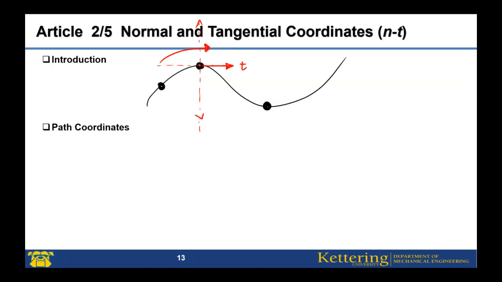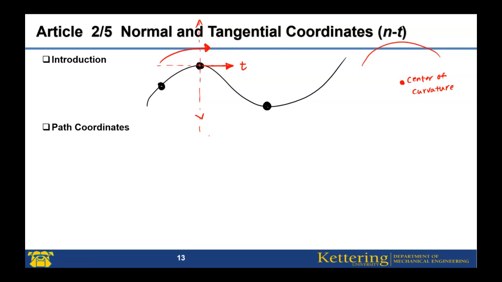The positive direction of the normal axis: if this is a general curve, one point is called the center of curvature. This point is on the concave side of the curve.